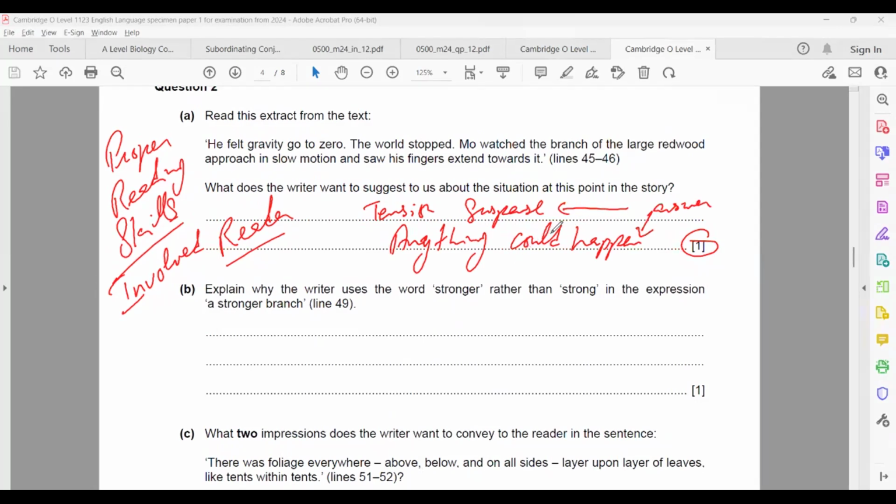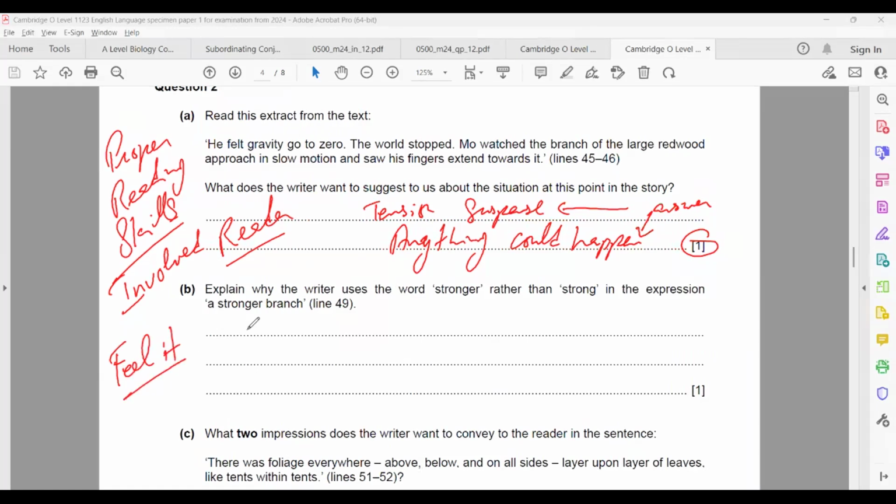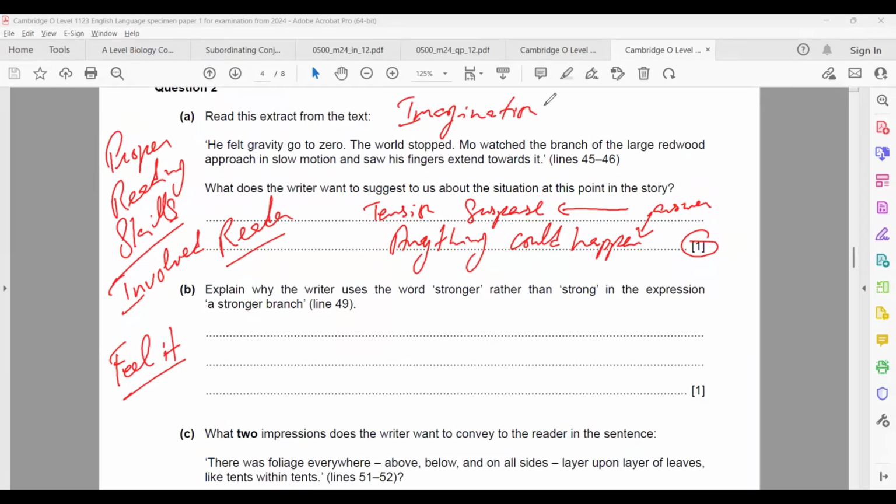As I mentioned, these are implicit meaning questions. You need to put yourself into that situation. You need to be involved with the text. You need to feel the text. Also, there's a particular bit of imagination that's going to go in along with all of that, and a bit of exaggeration.